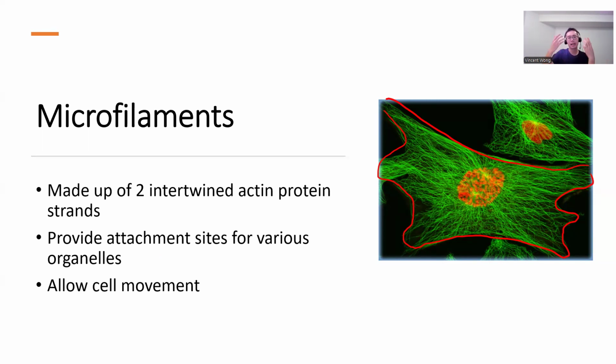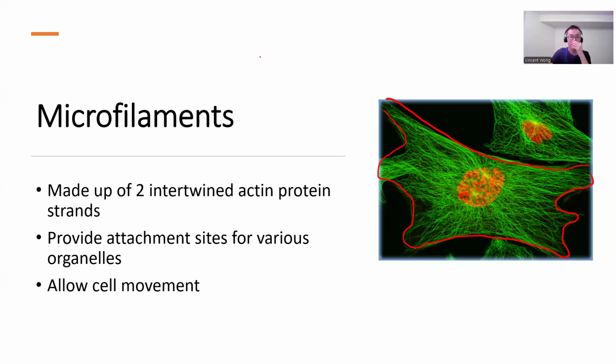And the way that they can stay put is by anchoring themselves onto the actin filament. You can think of the actin filament as a Velcro board, or like those cork boards where you can stick thumb tacks on and pin different things on it.